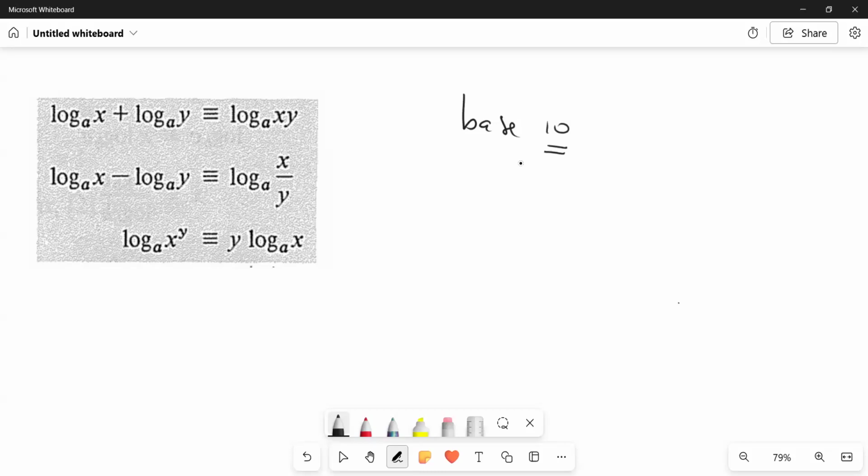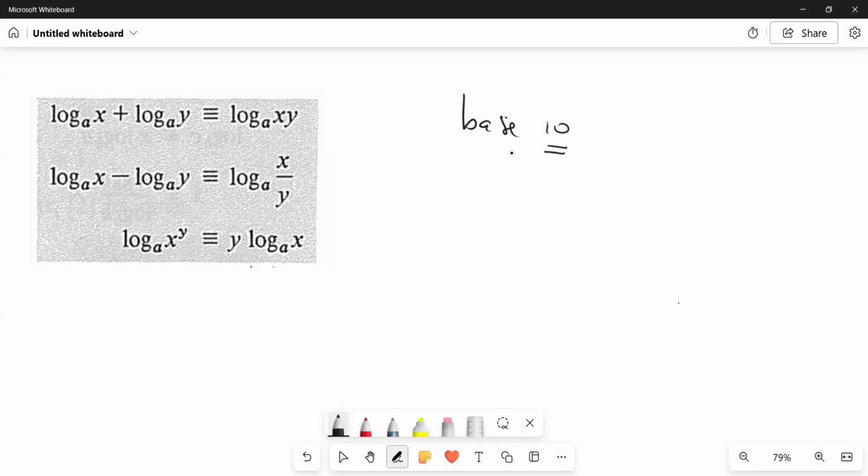right? Base 10. In other words, long years ago, they developed tables, what you call 3-figure and 4-figure tables, where every number is written. Well, as a matter of fact, I'm talking about positive numbers, not negative numbers.